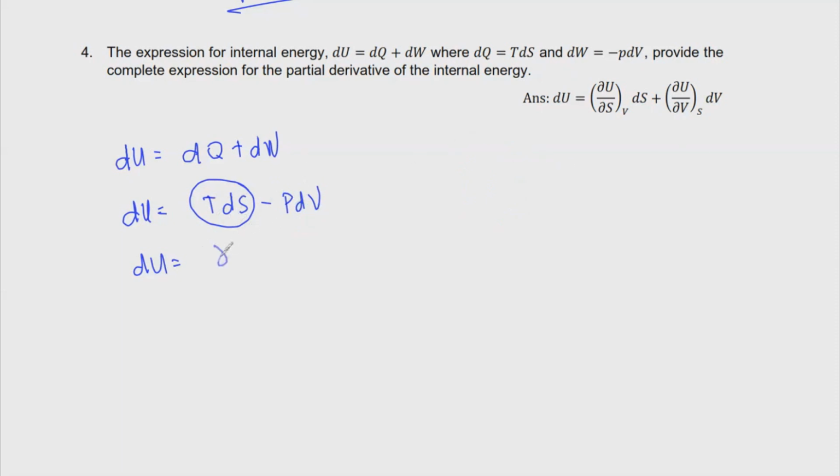So if we do that on our expression here, that's the same thing. That's partial of U, our dependent variable, and then the first independent variable, that is our entropy. But what is the constant in this expression? Again, you have actually two differentiating variables here, S and V. So if you want to get this kind of expression, all you need to do is to set the remaining differentiating variable as constant.